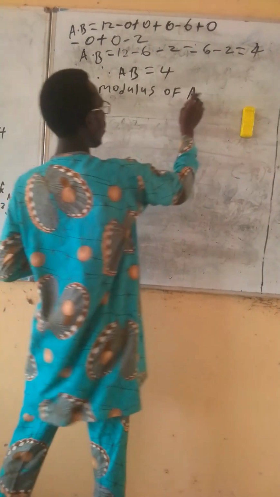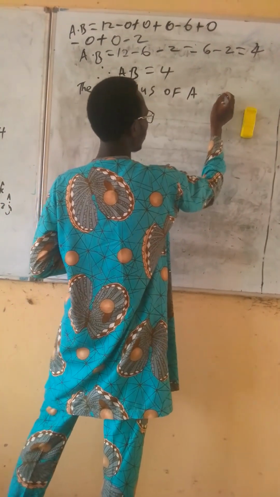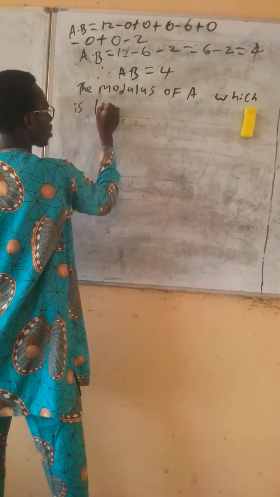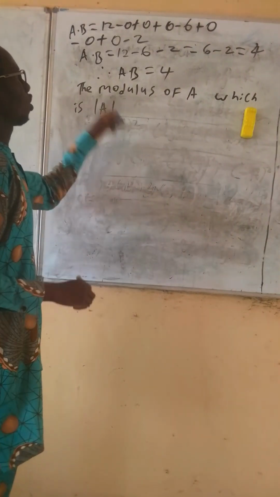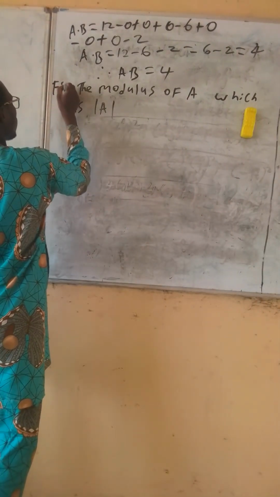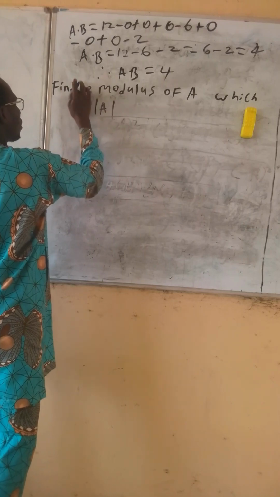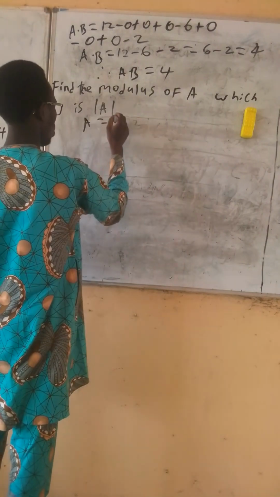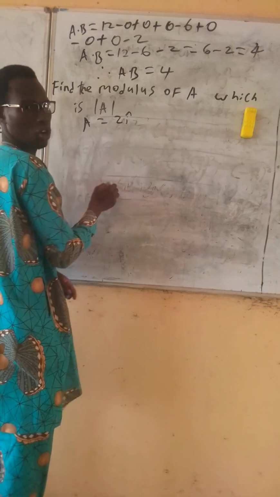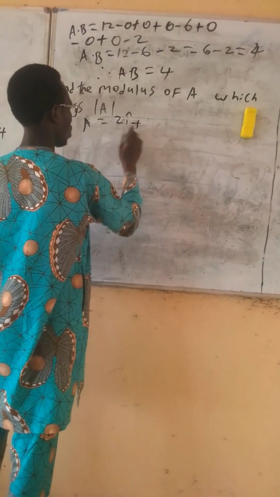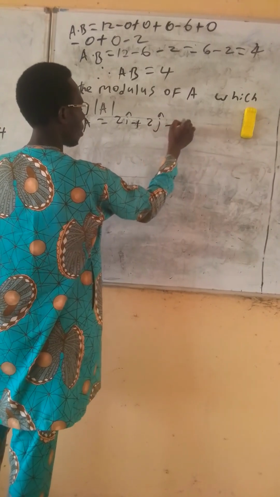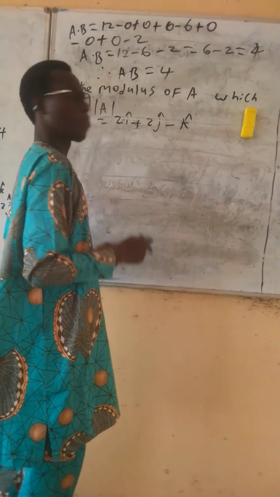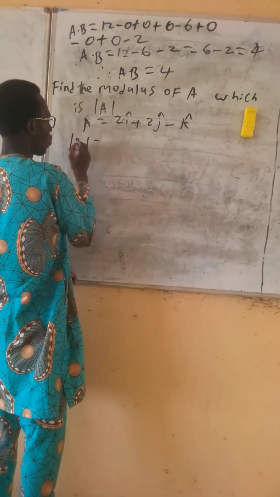A was given to us as 2i vector plus 2j vector minus k vector. So having done this, let's find the modulus of A.